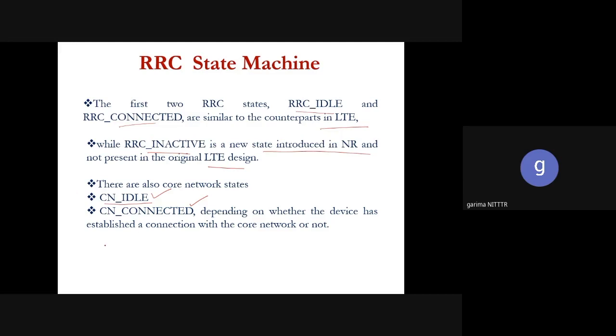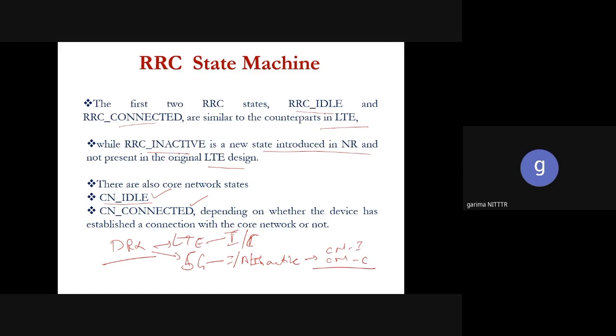So you can say that this DRX mechanism was used by LTE, and a similar type of DRX mechanism is used by 5G also. 4G has idle and connected states, but 5G has idle, active, and inactive states. On the basis of these three states, we have core network idle and core network connected.